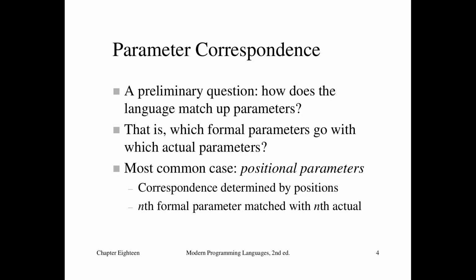So the most common approach is using what we call positional parameters, right? So it's a one-for-one lineup of the actual parameters in the order that they were defined as formal parameters, and then that's how the actual parameters get copied in.